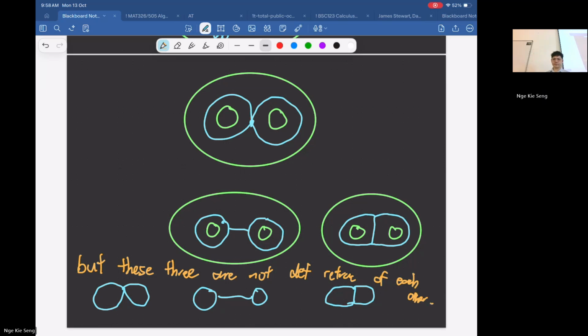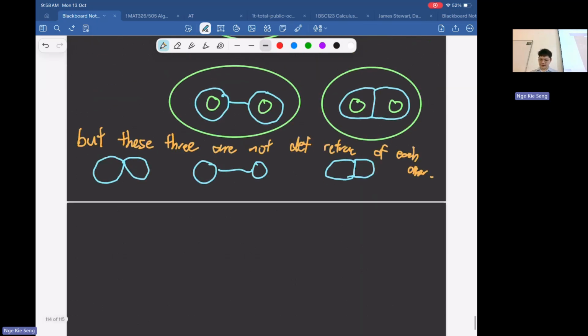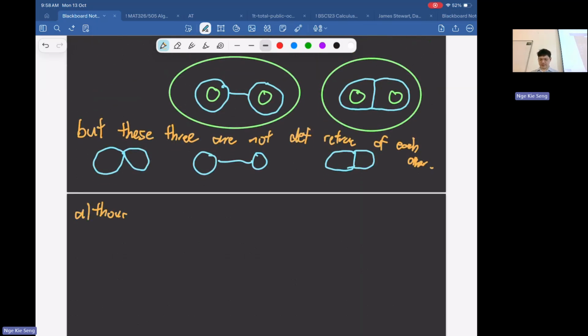But they are homotopy equivalent, because they come from a deformation retract of the same space.